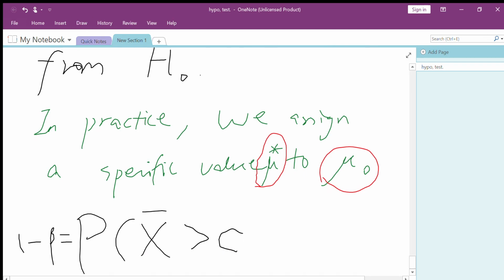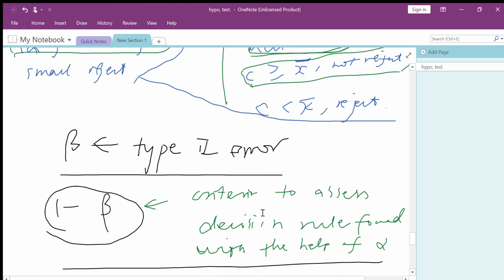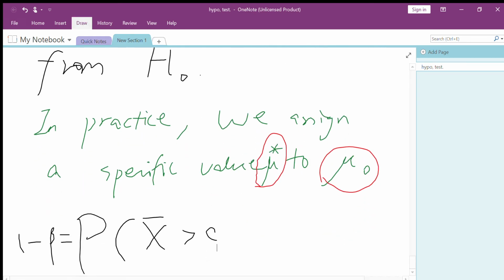Our decision rule originally is small x bar greater than C. But here we would like to quantify the uncertainty, so we keep capital X bar greater than C. In this case, we reject given mu.